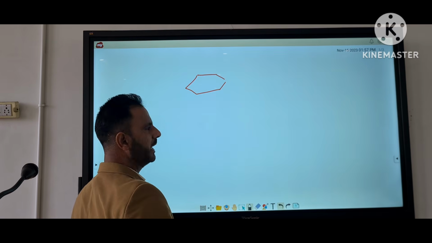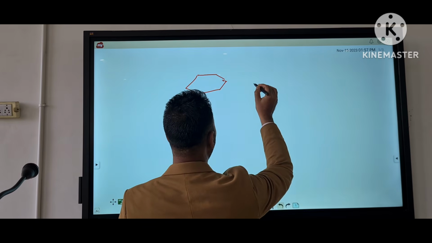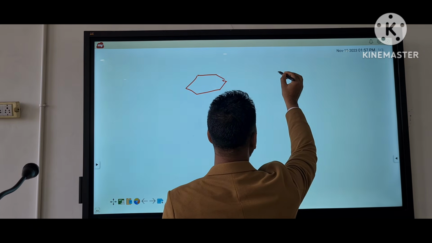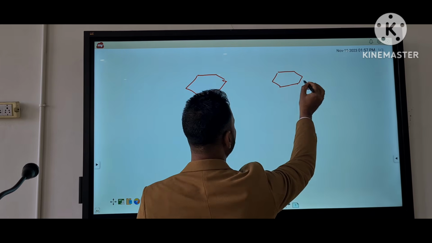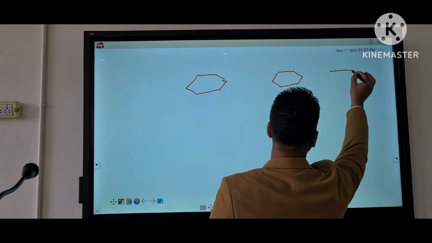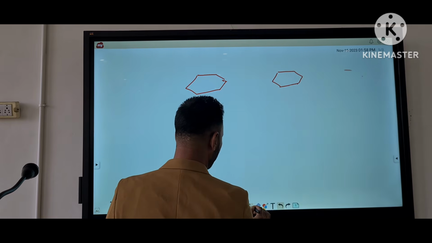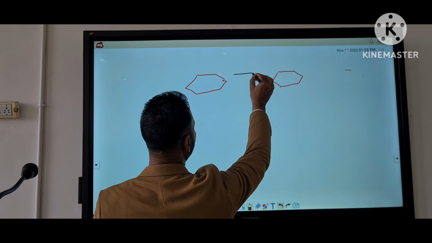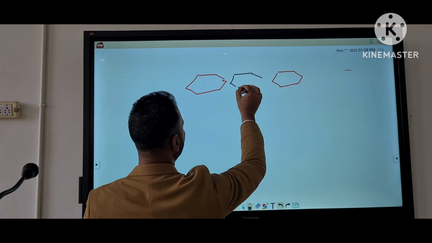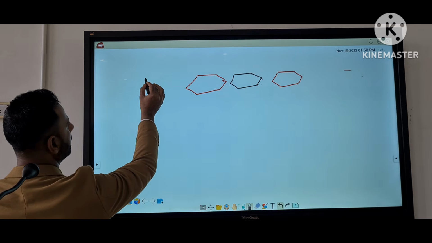This is suppose N-acetyl muramic acid. Then we have N-acetyl muramic acid here. I will make N-acetyl glucosamine here. Okay, N-acetyl glucosamine here.